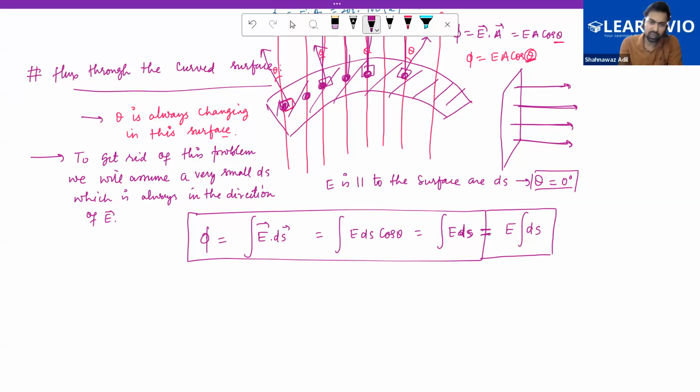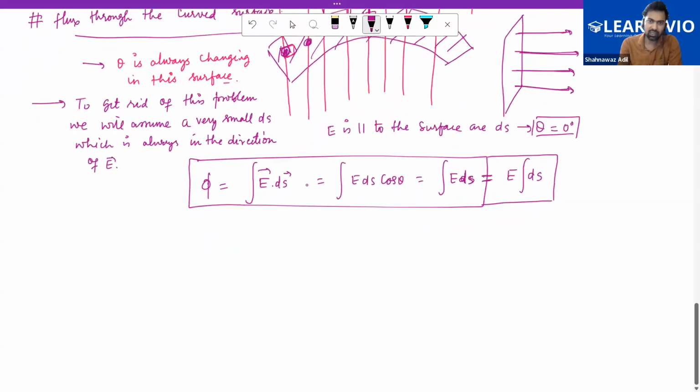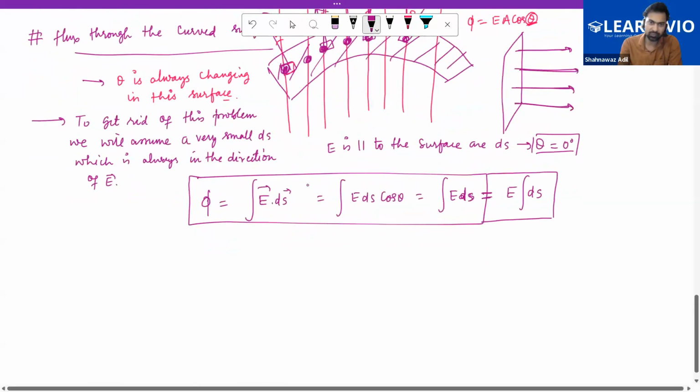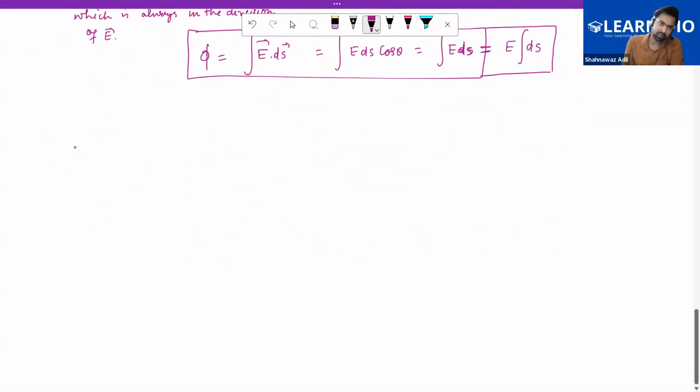Okay. So now we have understood this thing. Let us apply it for a spherical charge distribution, right? So let us apply this for a charge, and then we will take a sphere which is uniform. So let's apply this for a unit charge.